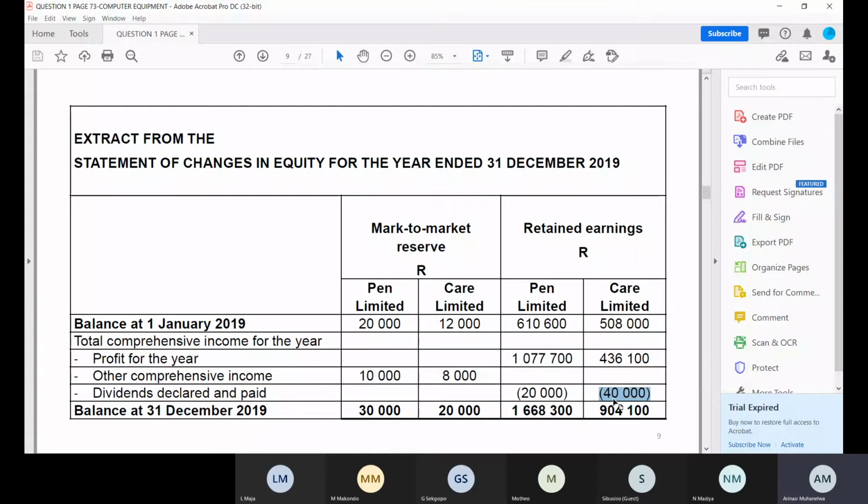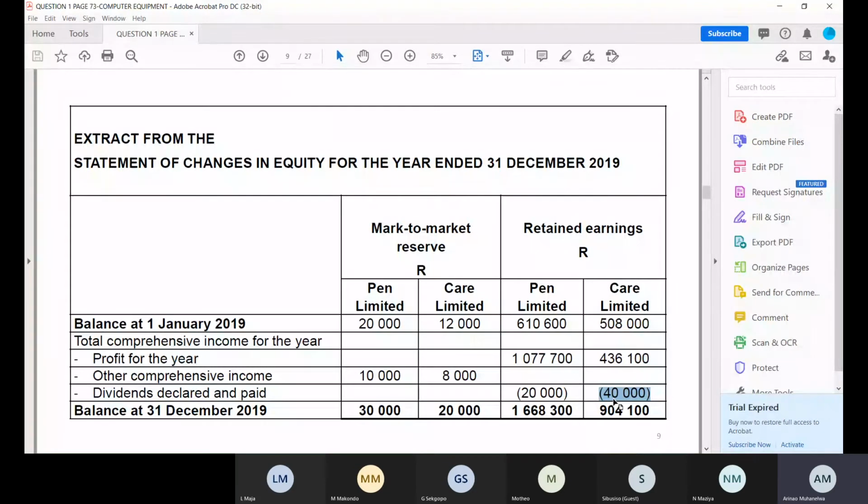I must say up front again that dividends between the parent and the subsidiary is an intergroup transaction, and according to the principles of consolidation, it must be eliminated. We'll touch on it when we go to the calculations.